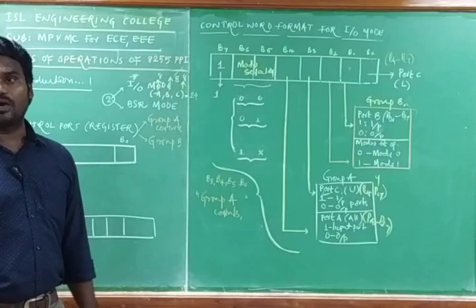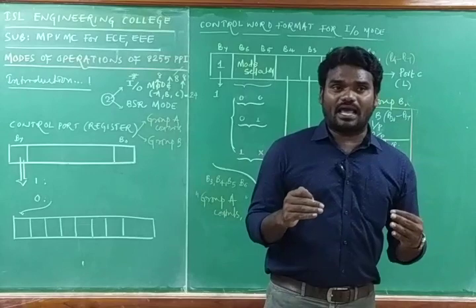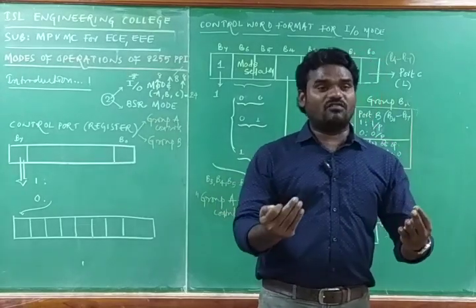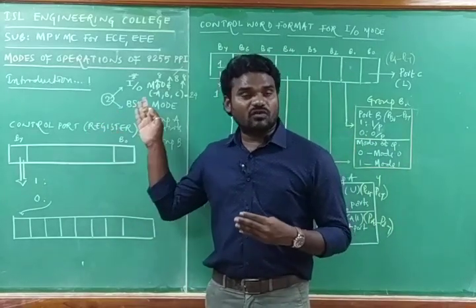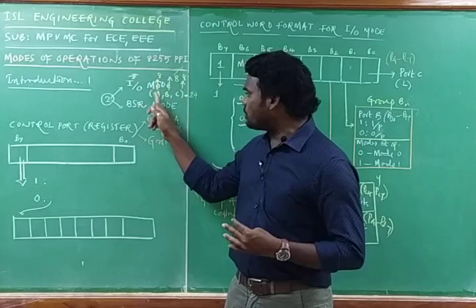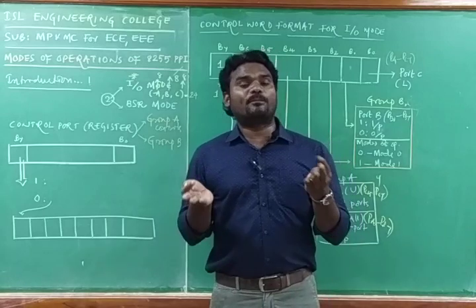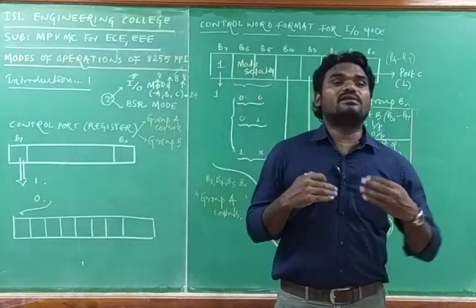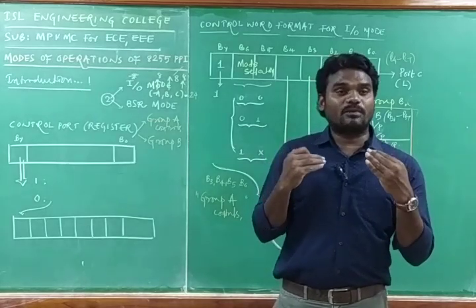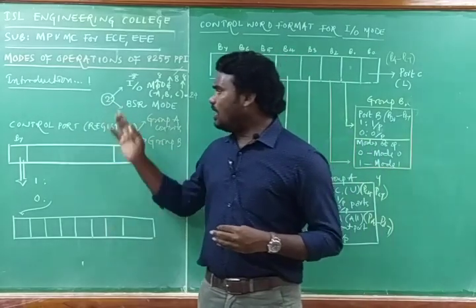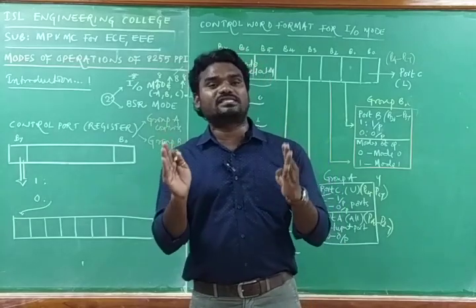You have to remember that the programmer can program the 8255 PPI to operate in IO mode such that it can access all the 24 signals, 8 from port A, 8 from port B, 8 from port C. All the 24 pins can serve as either input or output based on the programmer's program. And now this BSR mode is strictly used for port C signals only.